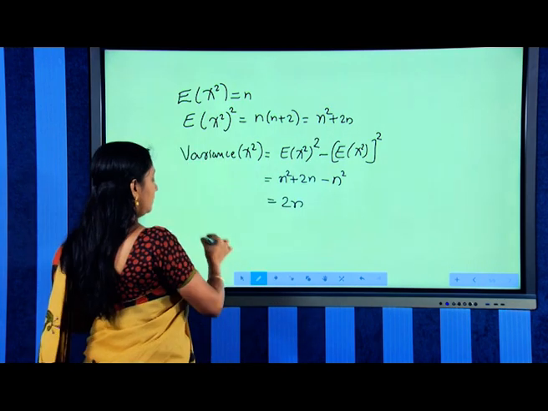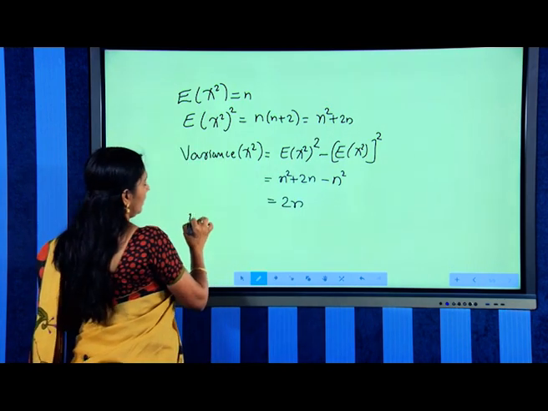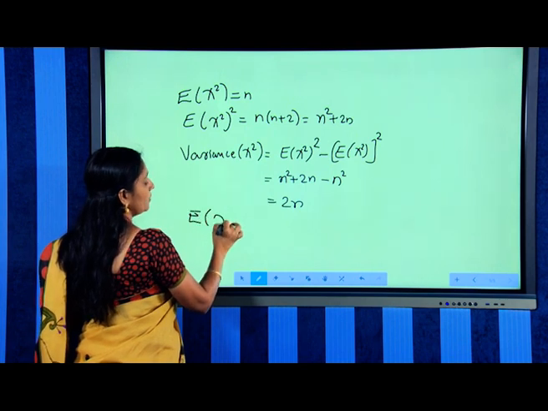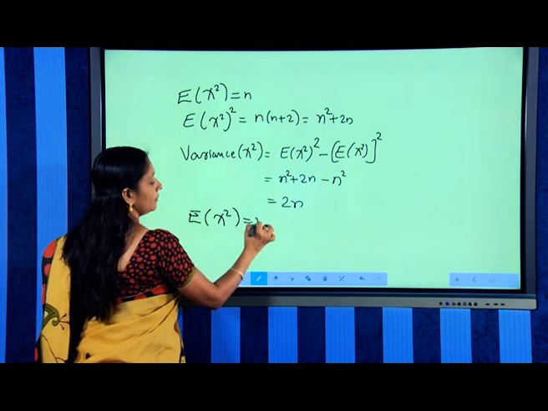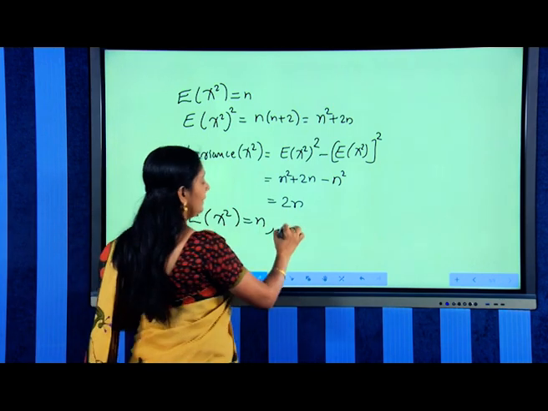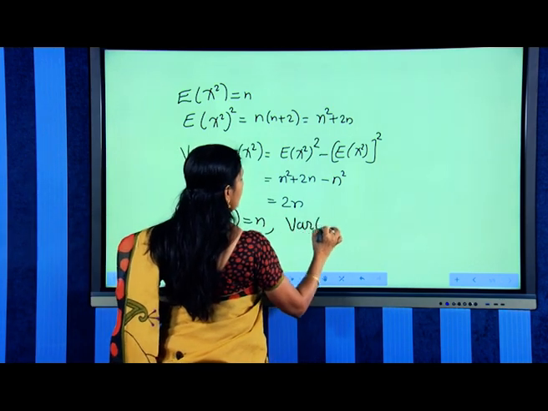Thus, we got the mean of chi square as n and variance of chi square as 2n.